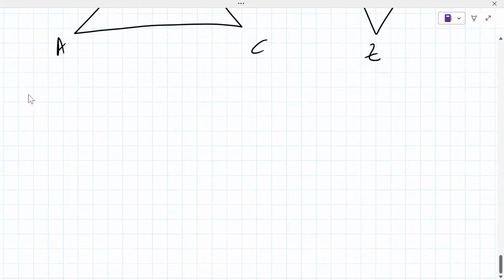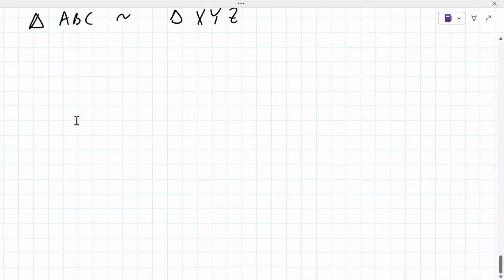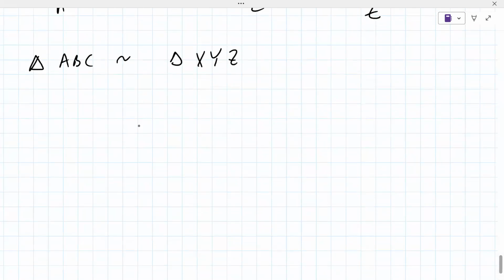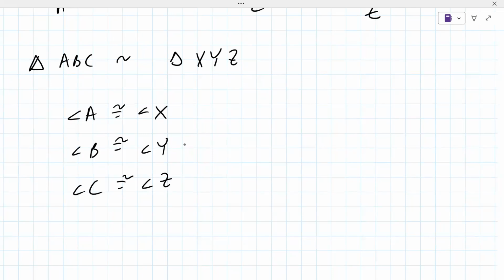I don't know if you've covered this in class, but the letter order is extremely important. It tells you a bunch of things. It tells you that angle A is congruent to angle X, and then angle B is congruent to angle Y, and angle C is congruent to angle Z. So the angle congruence is AAA for similar triangles.